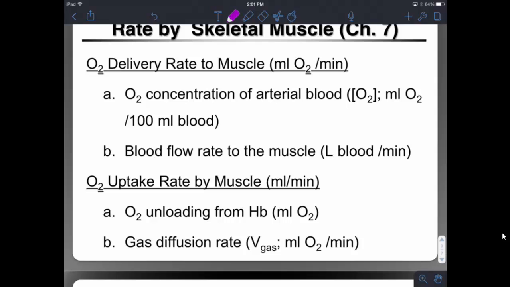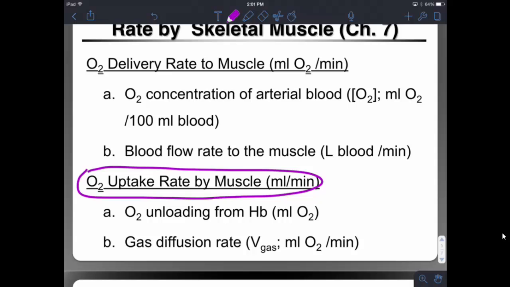Now we're focusing on this, which we talked about in Chapter 7, and we said oxygen uptake rate is determined by oxygen unloading from hemoglobin and gas diffusion rate.